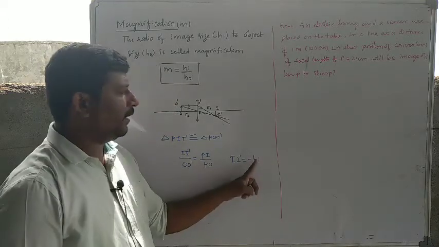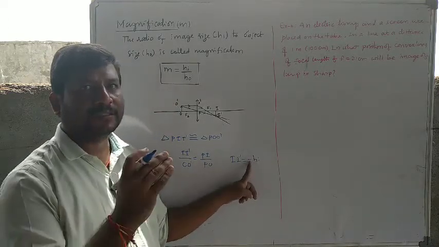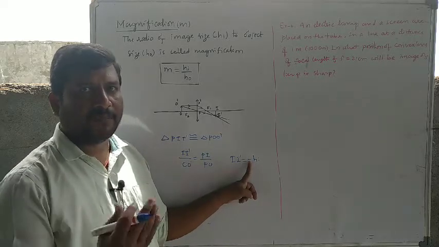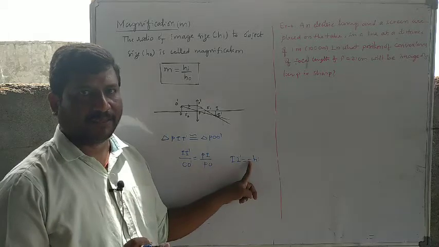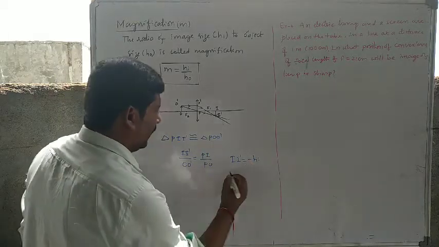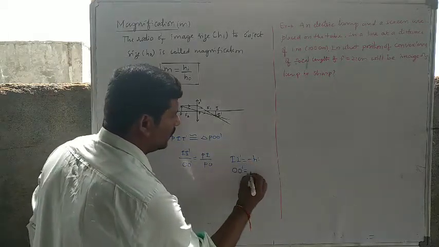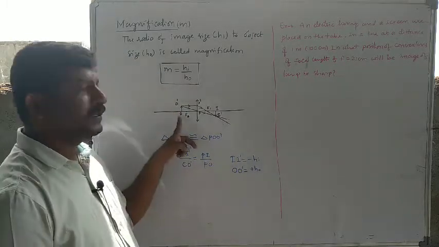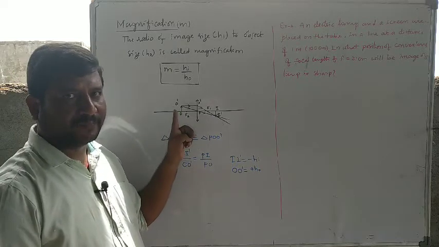HI. Here we have taken a negative sign because according to sign convention, the height measured downwards from the principal axis should be taken as negative. Next, OO dash is plus HO, that is the object size or object height.